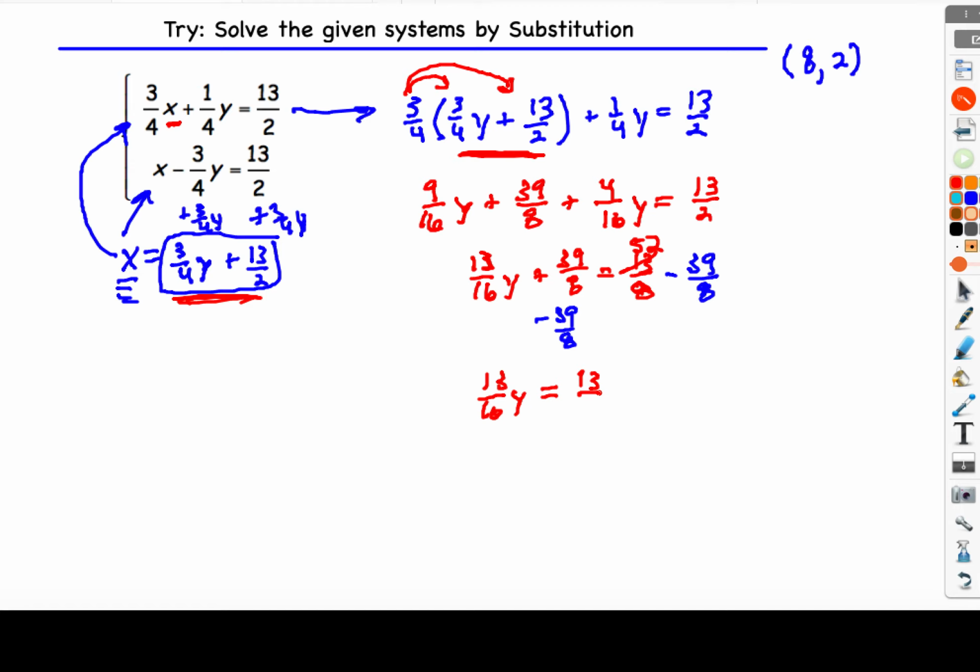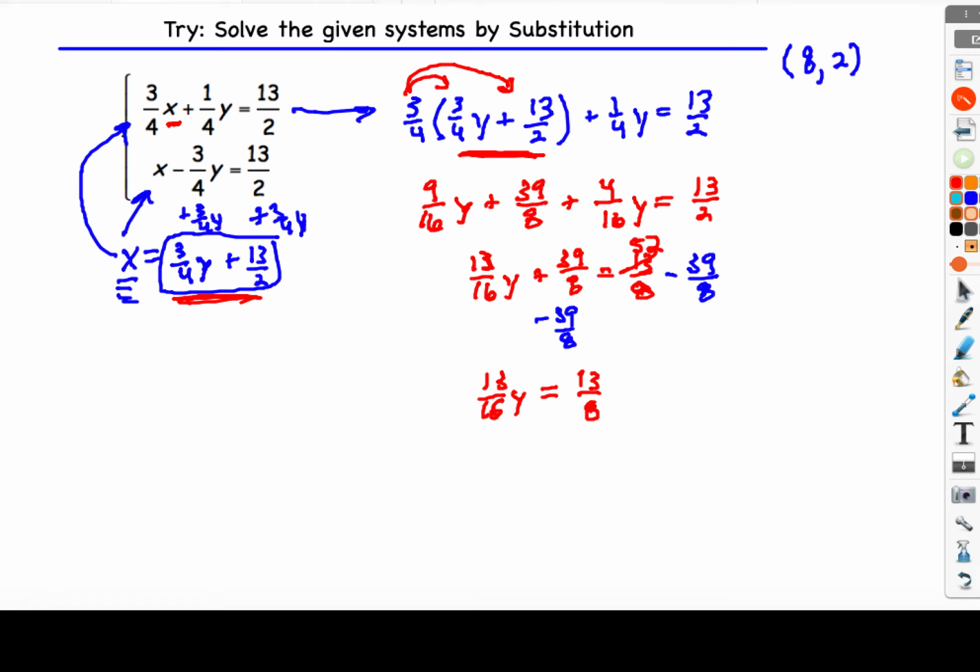So I've got 13/8 over here. Again, you can use your calculator to handle that arithmetic, but again, you're just subtracting a couple of fractions. Okay, just taking 13/2 minus 39/8.